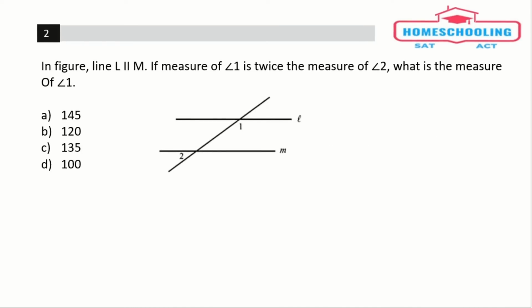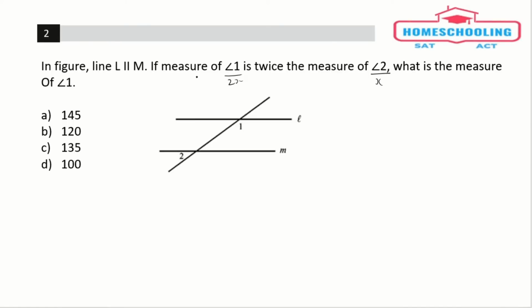In this question it is given that in the figure line L is parallel to N, so these two lines are parallel to each other and this is a transversal line. If the measure of angle 1 is twice the measure of angle 2, let's say angle 2 is x, then angle 1 would be twice of angle 2, that would be 2x.